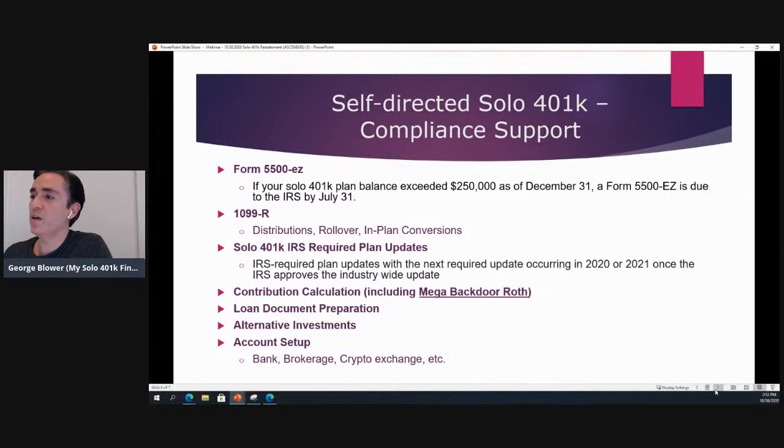You could make a 2020 contribution if you set up the plan. Let's say in your scenario, you set up the plan in 2020, but you make that Roth contribution in 2021. That would count as a 2020 contribution. So you're really starting your 5-year clock in 2020. Hopefully that helps there.